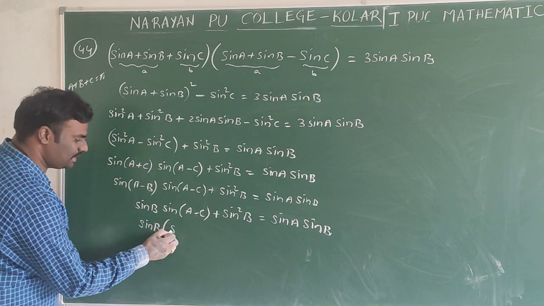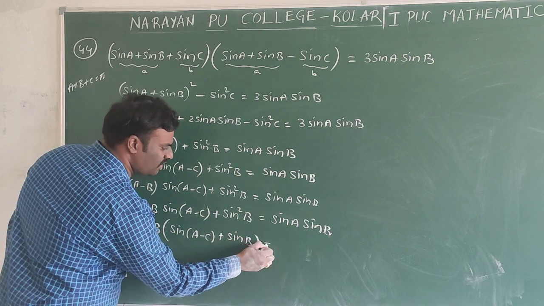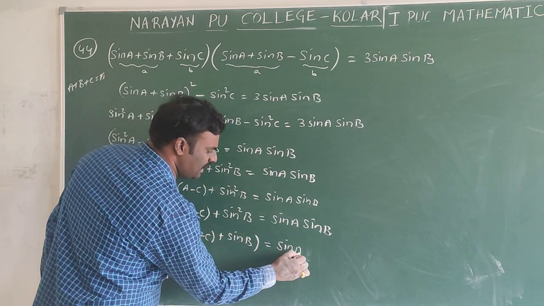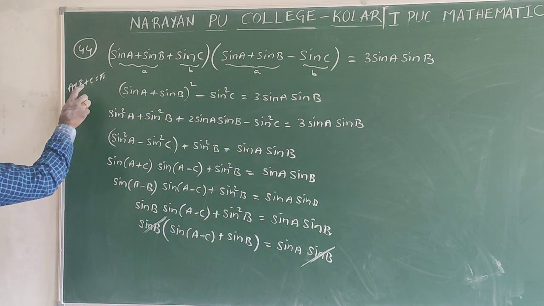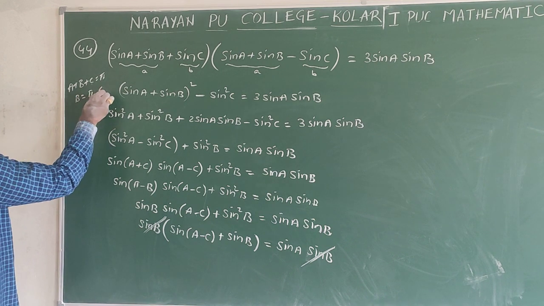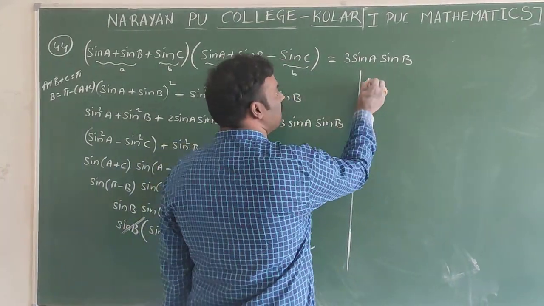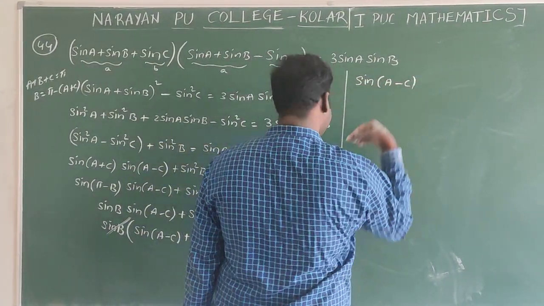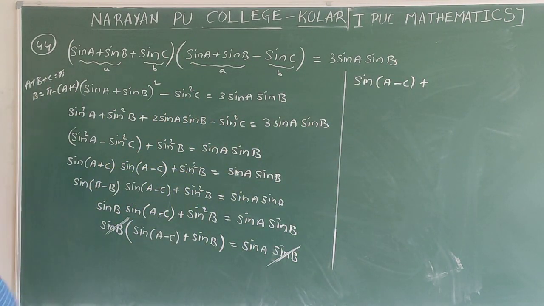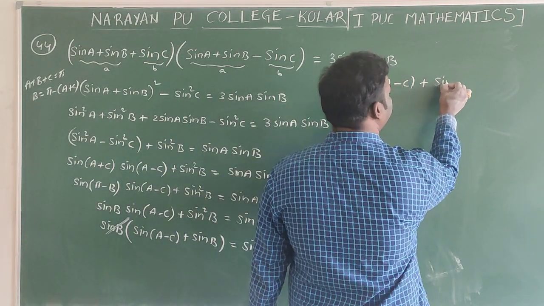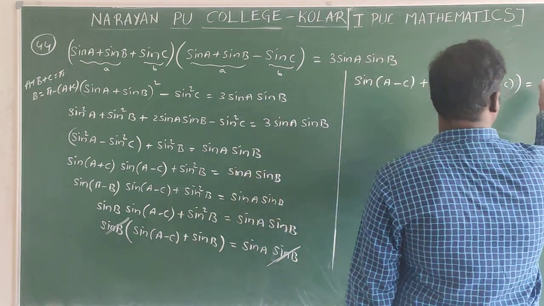Sin of A minus C plus sin B is equal to sin A sin B. Now sin B gets cancelled. Again from this, B can be written as pi minus A plus C. Now substitute in sin of A minus C plus sin B, in place of B I am writing pi minus A plus C.